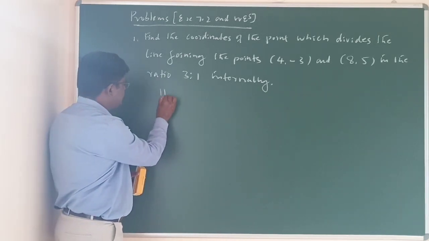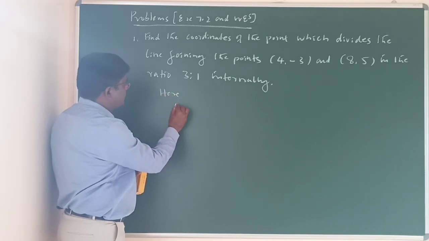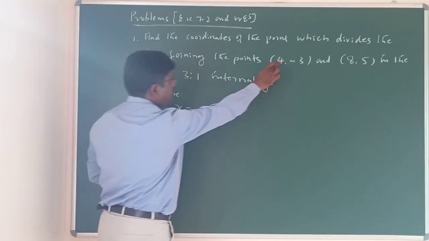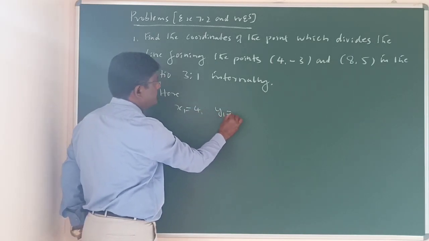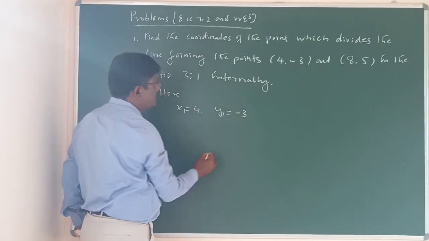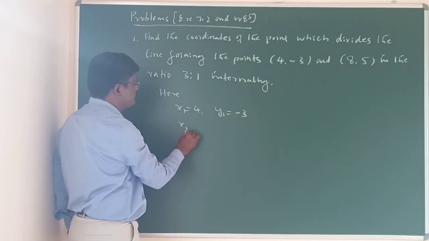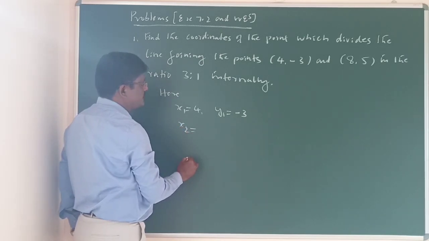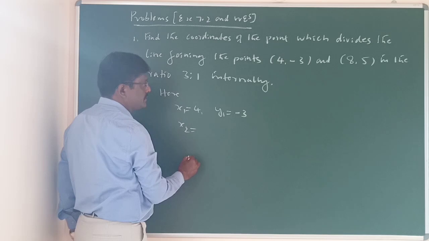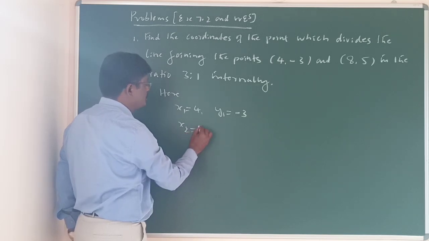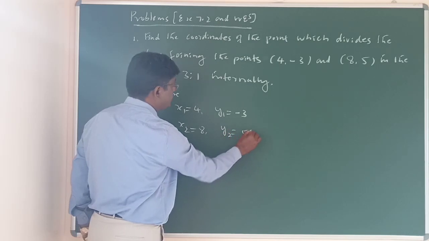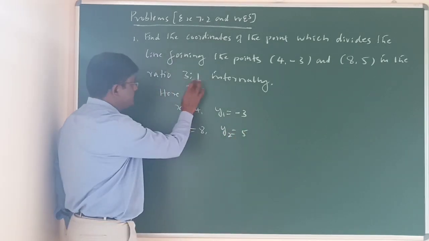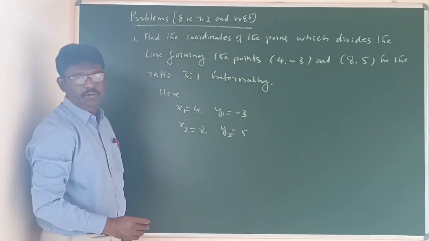Hence here x1 is 4, y1 is -3, x2 is 8, y2 is 5, in the ratio 3 is to 1.